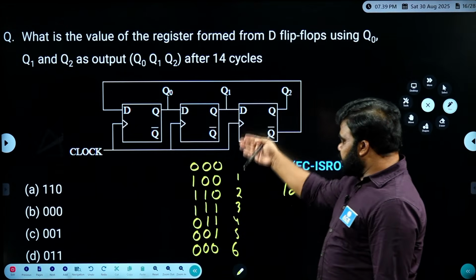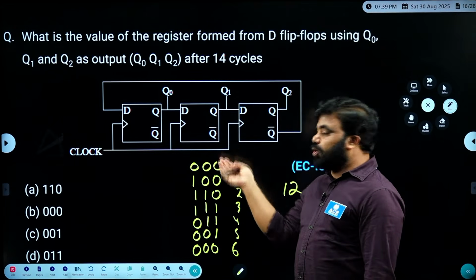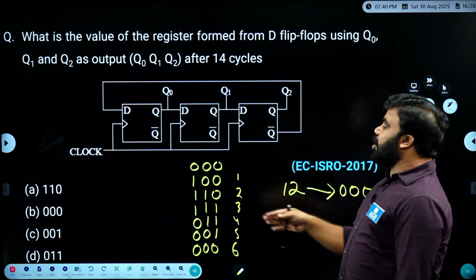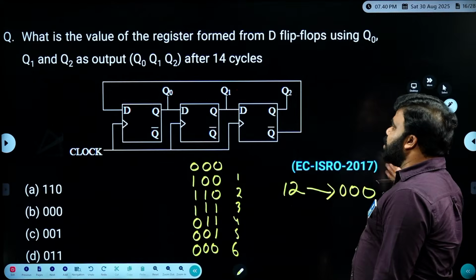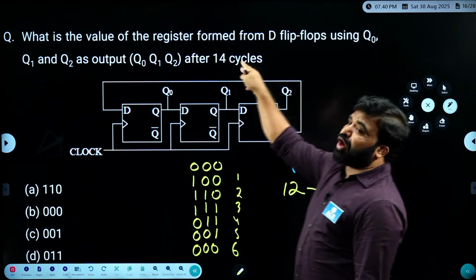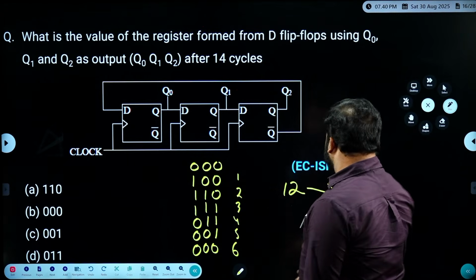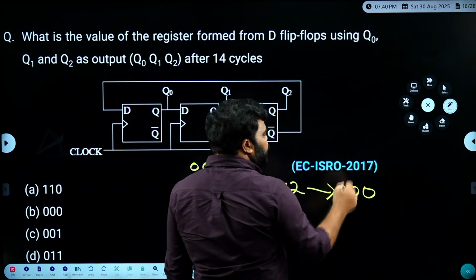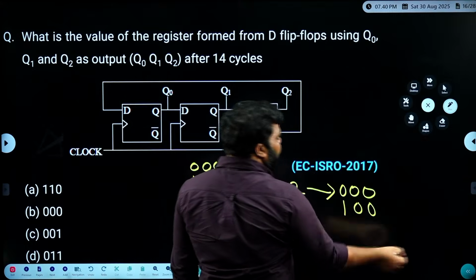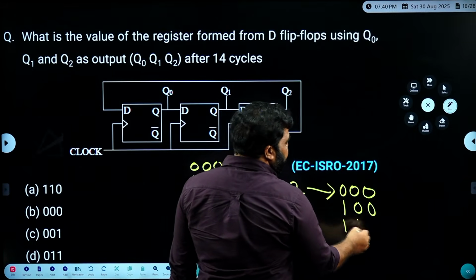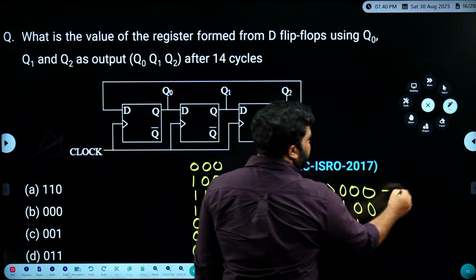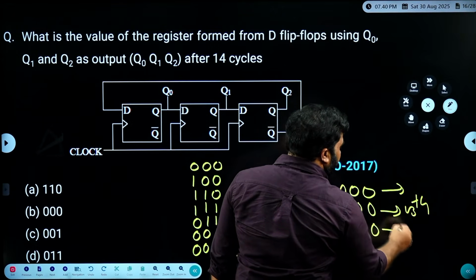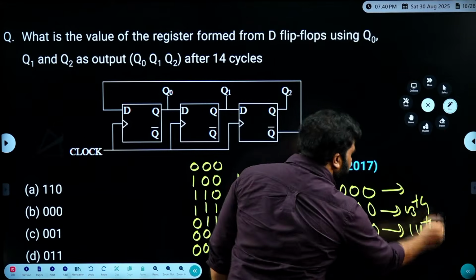Then 2 more clock cycles have to be counted. After 12 clock cycles 0, 0, 0, in the next clock cycle 1, 0, 0, and in the next clock cycle 1, 1, 0. That is after the 13th and the 14th clock cycle.